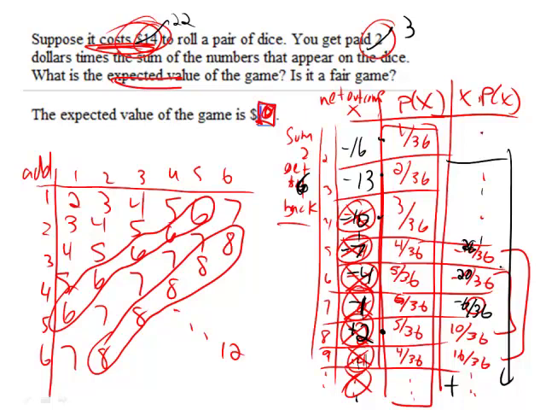That would make the most sense. But they didn't make it that way, sorry. But as long as you have this set up right, then it's okay. Just know that your numbers are just slightly different, but your probabilities are exactly the same. And then just multiply here, X times P of X. Anything else?